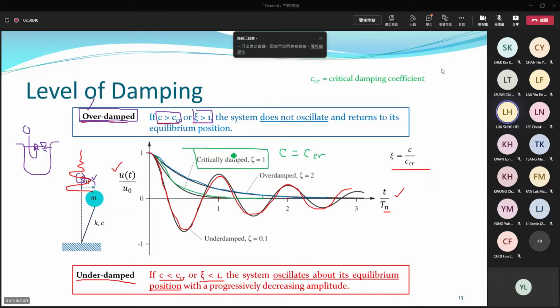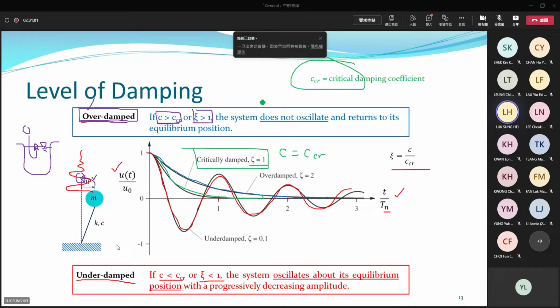We call it the critically damped scenario. C equal to C critical, or damping ratio equal to 1. It's just like a boundary to divide a system with oscillation and without oscillation. That's why we call that critical. Just like a boundary tells you whether you have vibration or no vibration.